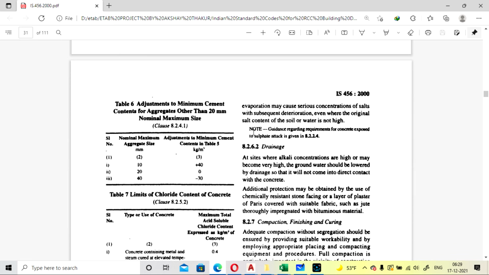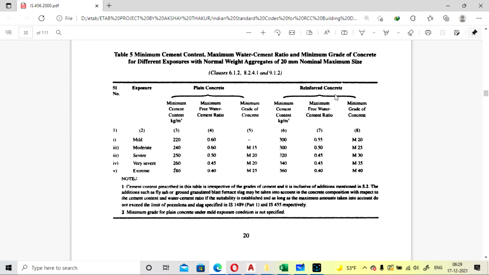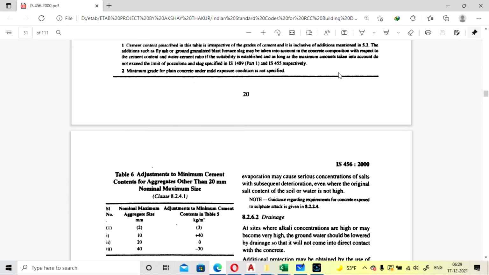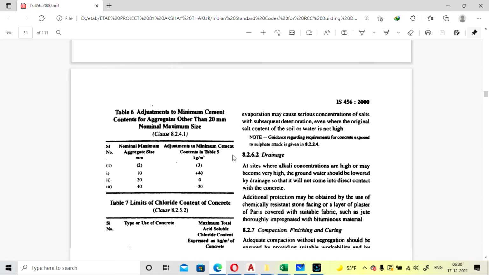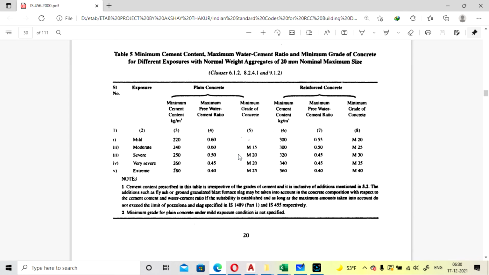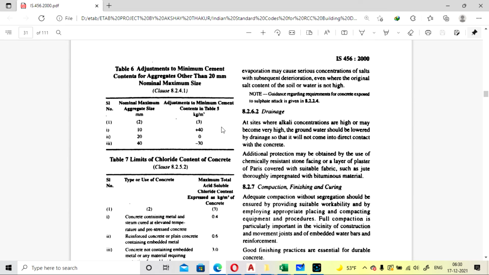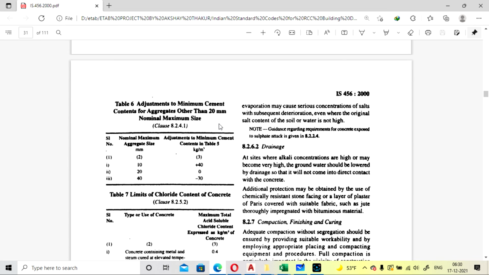Okay, now if you are using aggregate of 20 mm here, and if you are using aggregate of less than 20 or more than 20, here are some of the conditions in Table 6. If you are using an aggregate size of 10 mm, you have to increase the weight of cement by up to 40.